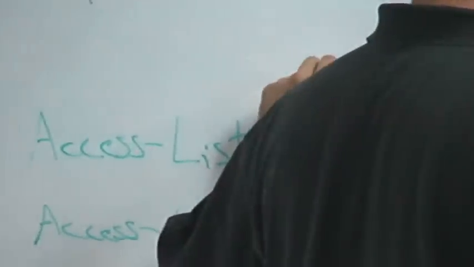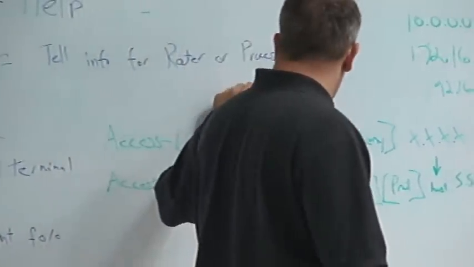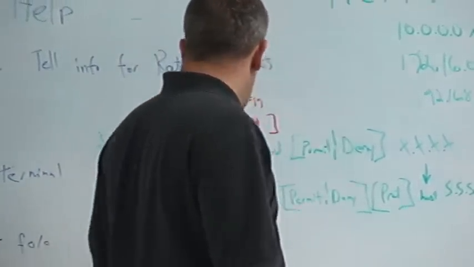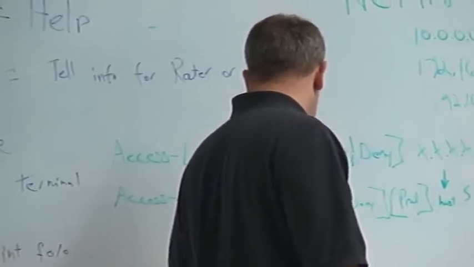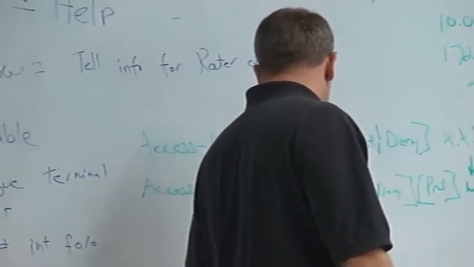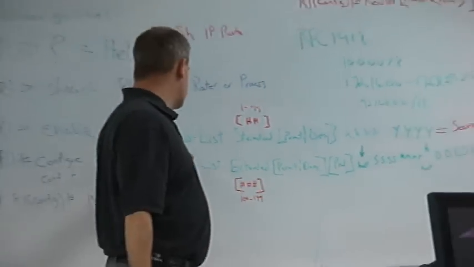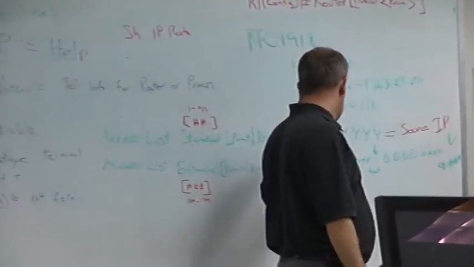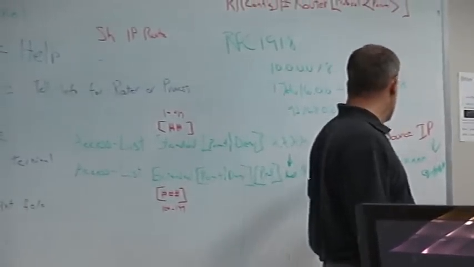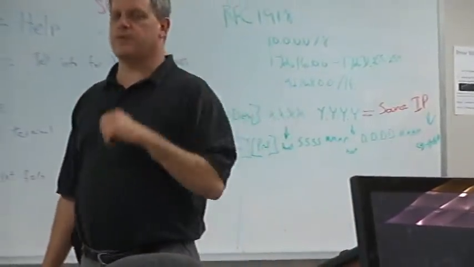I messed this up last time. Okay? A standard access list is going to be numbered 1 through 99. An extended access list is going to be numbered 100 through 199. Now, a standard access list is written access list, number, permit or deny, network number, wildcard mask, where the network number equals the source IP, and the source IP only.